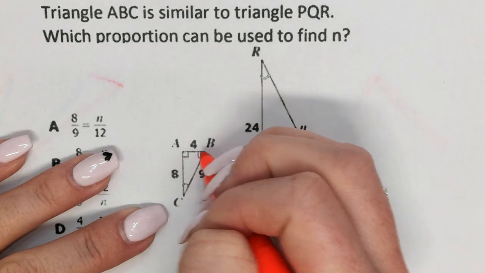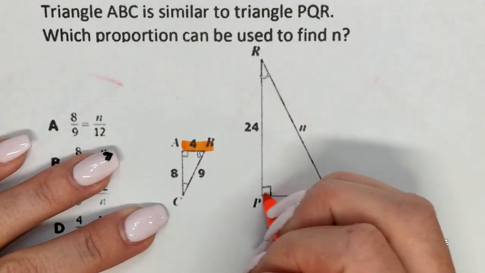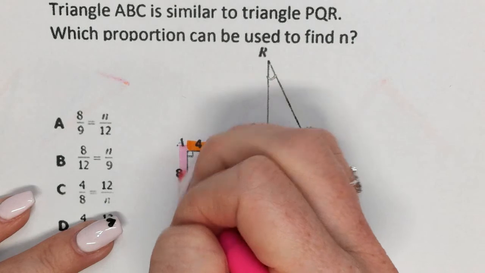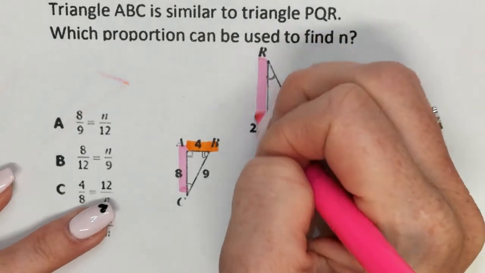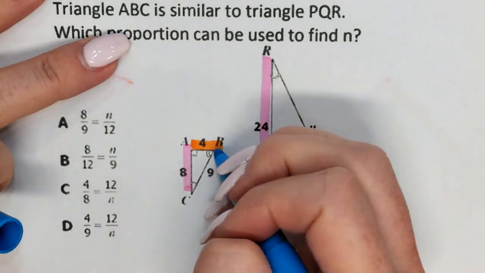So the right angle to the 2 dashes. The right angle to the 1 dash. And the 2 to the 1.